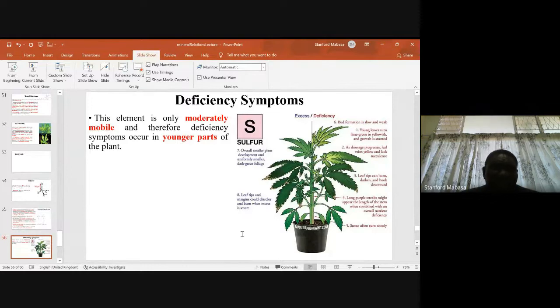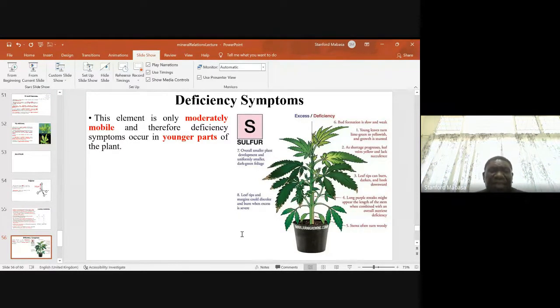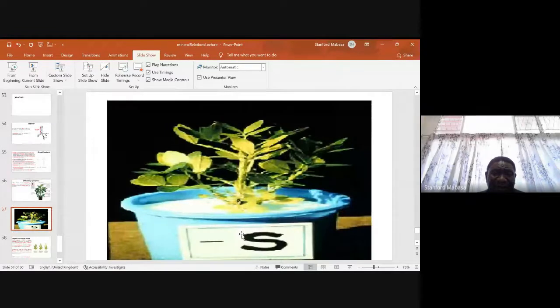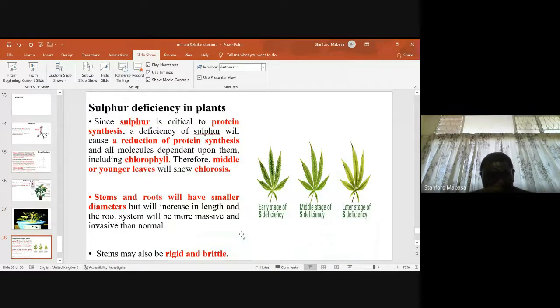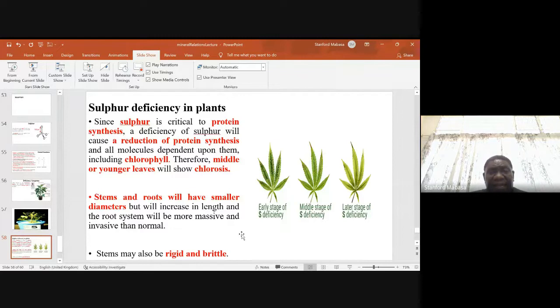This element is moderately mobile, so the symptoms can be seen on young parts of the plant. Probably this may not be clear on this one. So sulfur can be critical on protein synthesis. Its absence means that there's a reduction in protein synthesis.